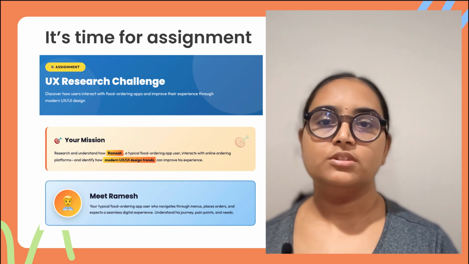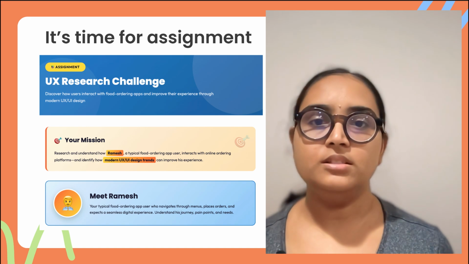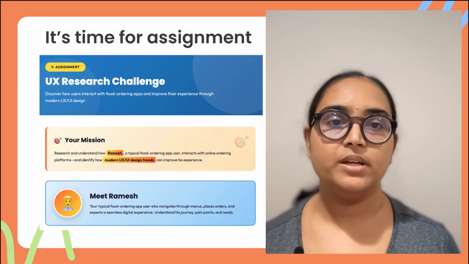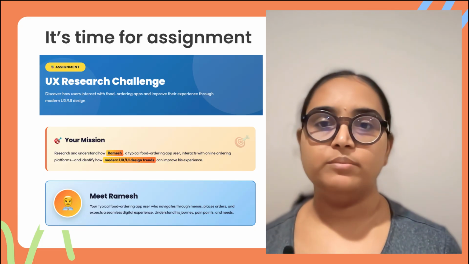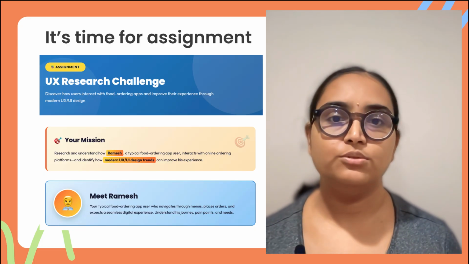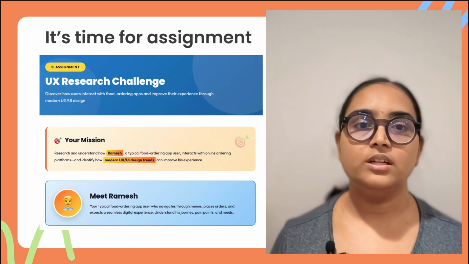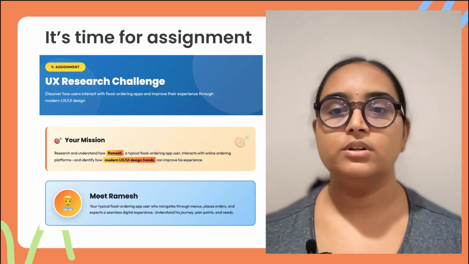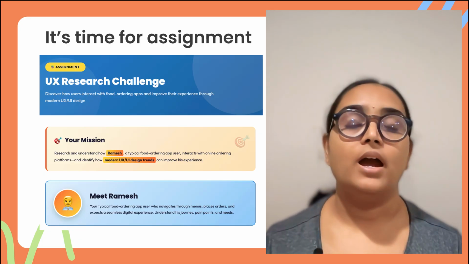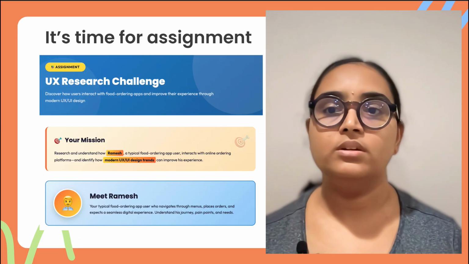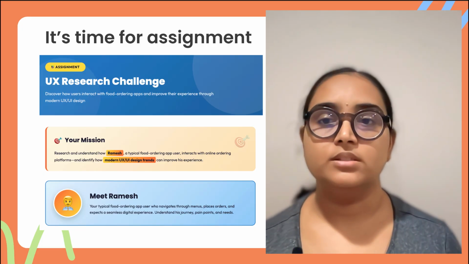User research assignment. Okay, so today's assignment: understanding Ramesh's experience with a food ordering app. The goal of the assignment is, your task is to research and understand how Ramesh, a typical food ordering app user, interacts with online ordering platforms and identify how modern UI UX design trends can improve his experience.